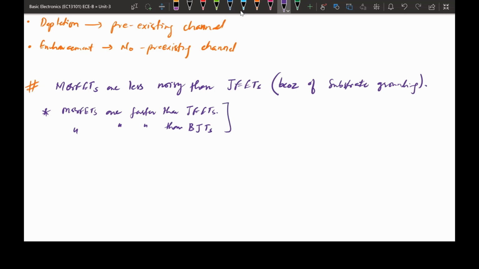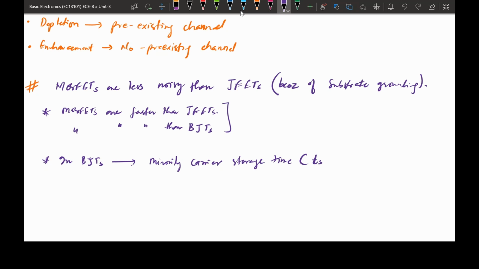So in BJTs basically, there is a minority carrier storage time, which is represented by ts.